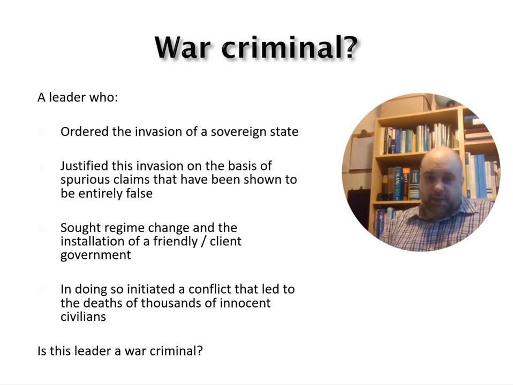The leader's real goal was to bring about regime change and to overthrow the existing sovereign government of that state and replace it with a puppet government, a client regime. And in pursuing these aims, this leader initiated a conflict that led to the deaths of large numbers of innocent civilians. Is this leader a war criminal? And the answer is usually yes.